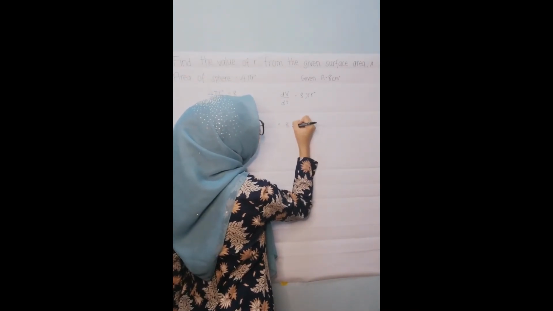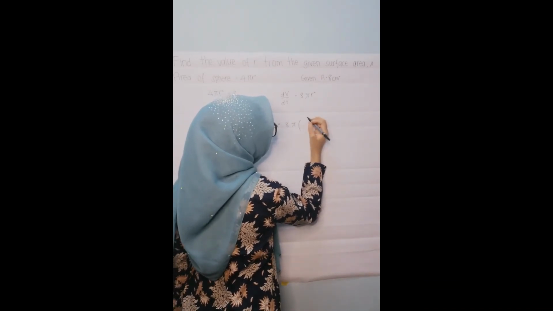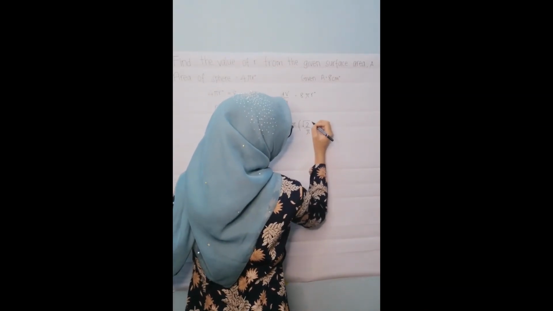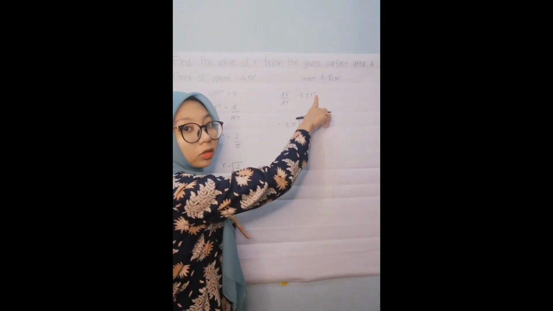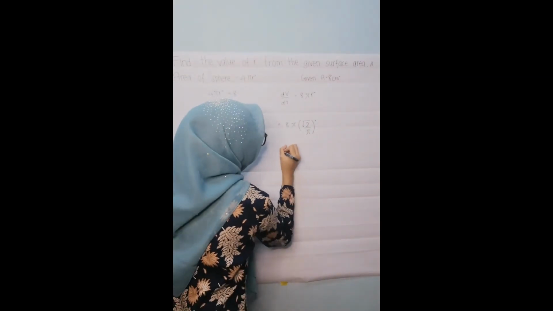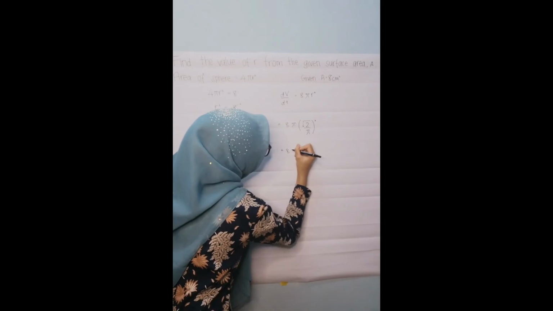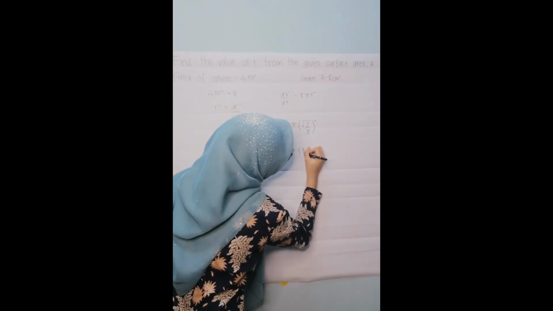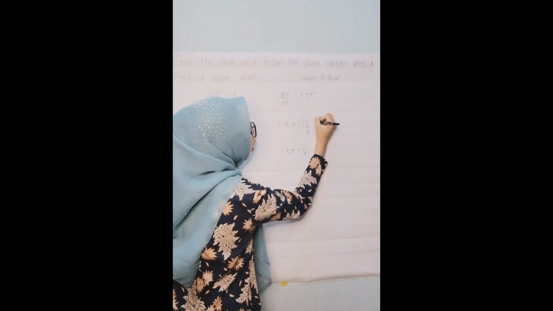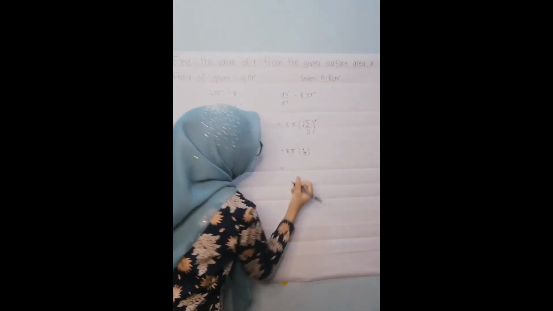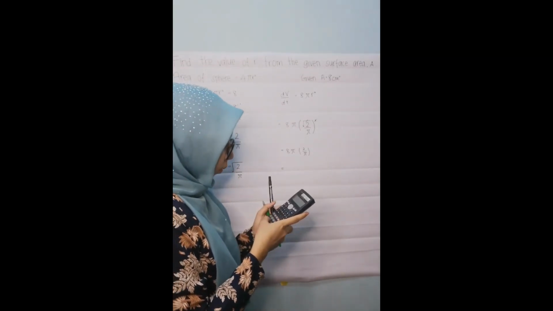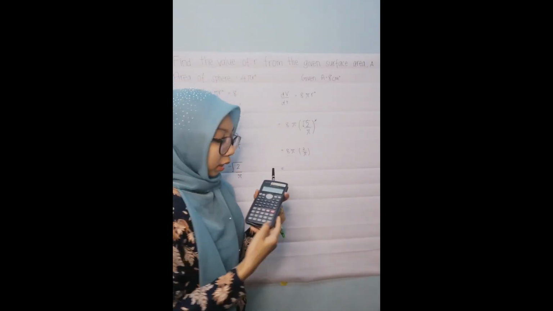8 pi times the square root of 2 over pi, to the power of 2, because it came from here. Then 8 pi over 2 pi, we can cut it, and then we can get the answer from the calculator.